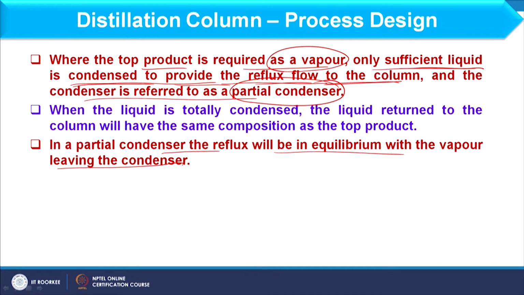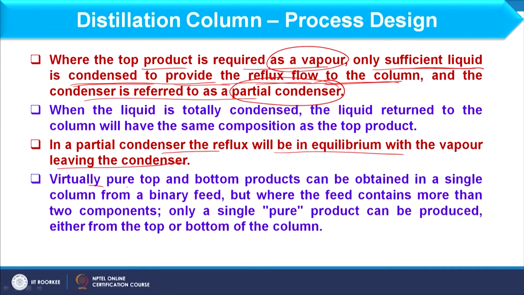We can consider all these points as far as operation in a distillation column is concerned, and we can also consider that virtually pure top and bottom products can be obtained when I am considering a binary feed.